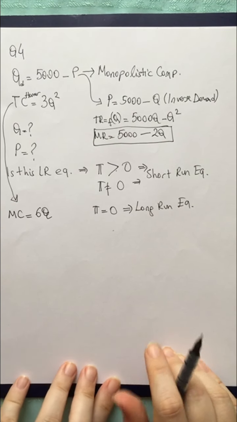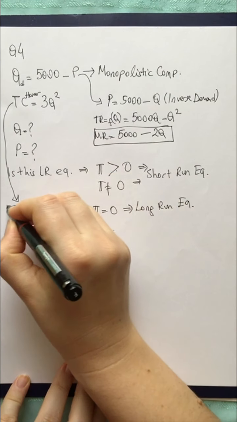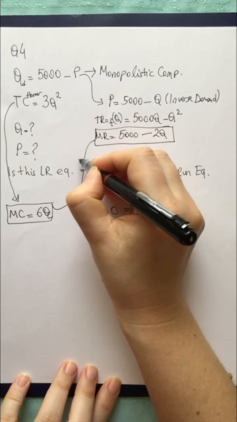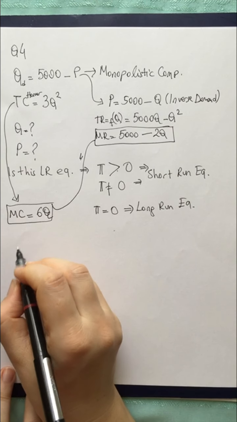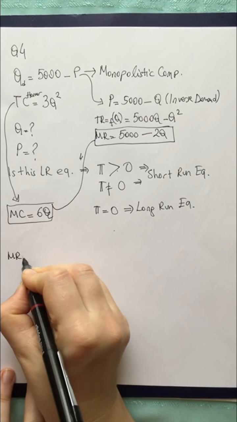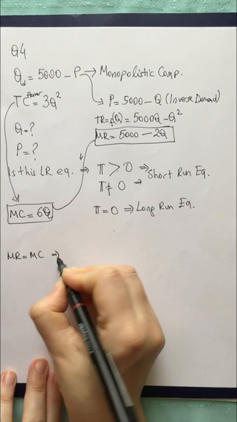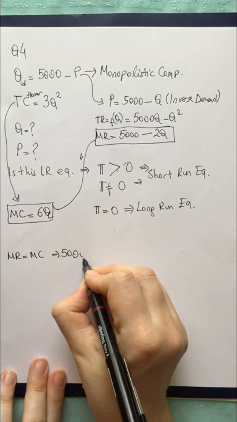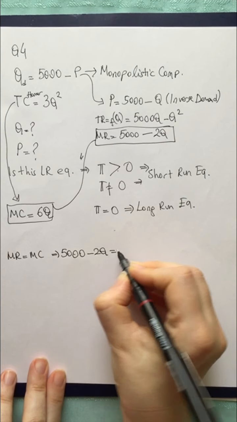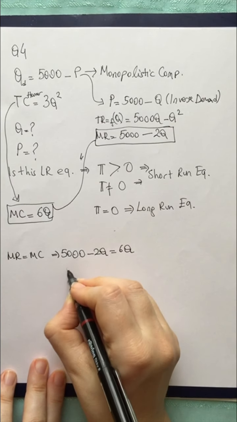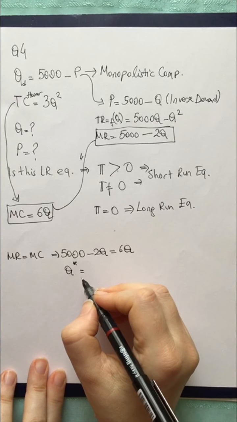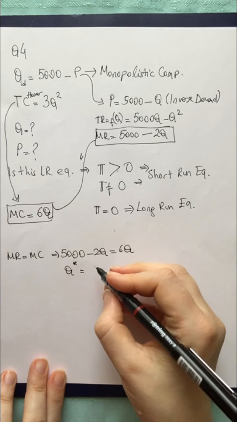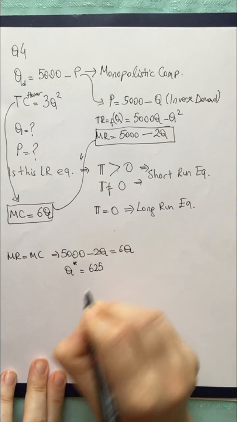And we will equalize marginal revenue to marginal cost for the profit maximizing level of output. 5,000 minus 2Q equals 6Q. So from here, the profit maximizing level of output Q star is 625.